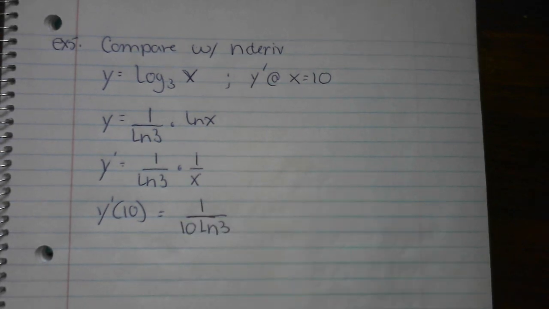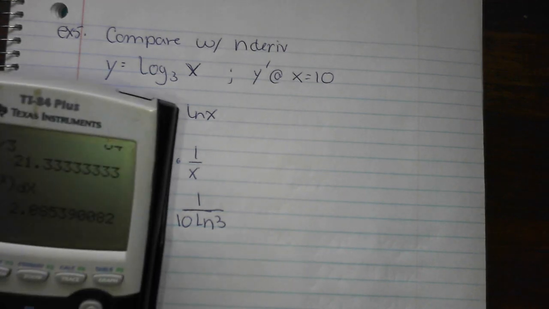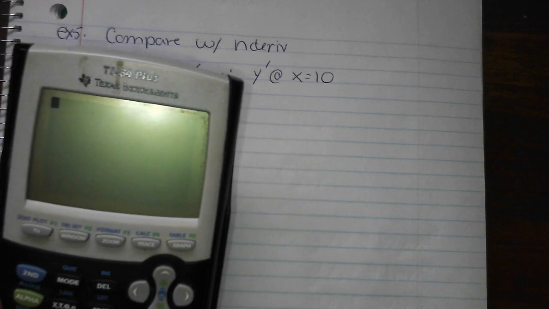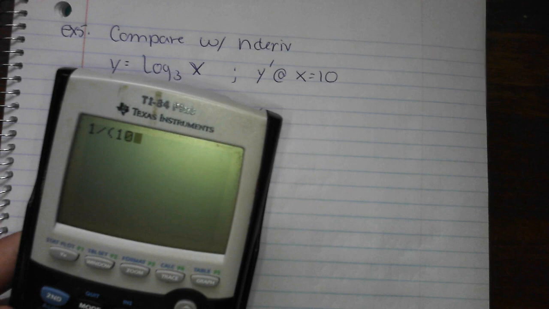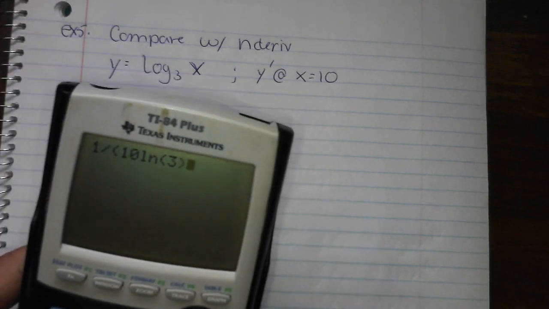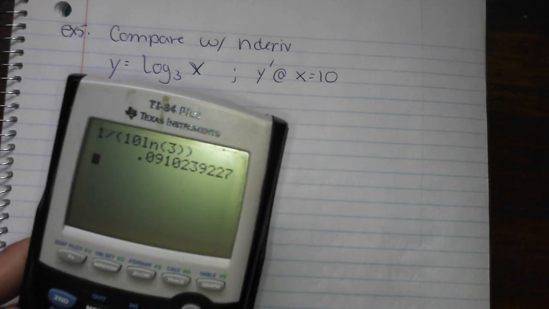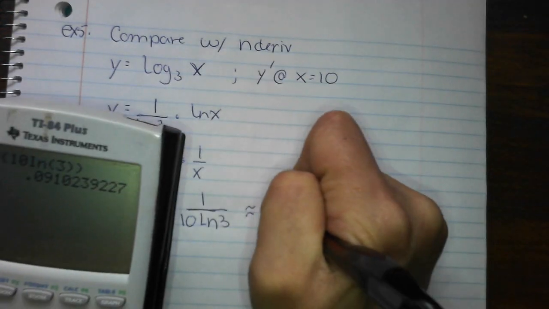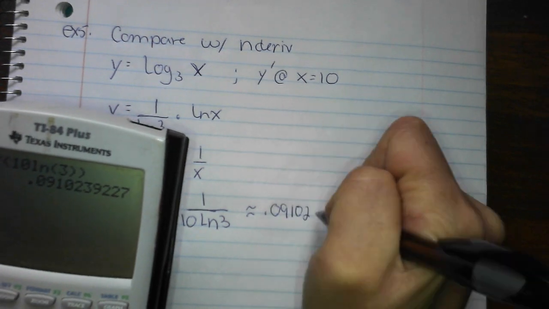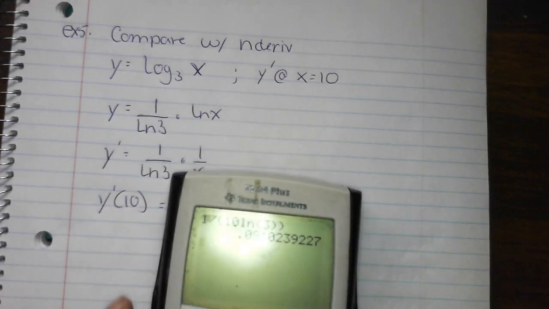So if I grab my calculator, I want 1 divided by 10 ln 3. Notice the parentheses to keep the 10 and the ln of 3 in the denominator. I get that. So 0.09102.